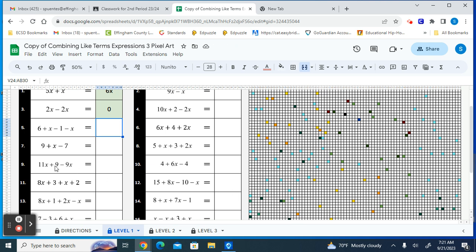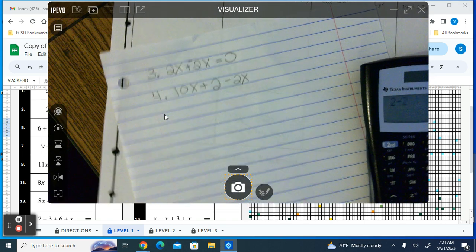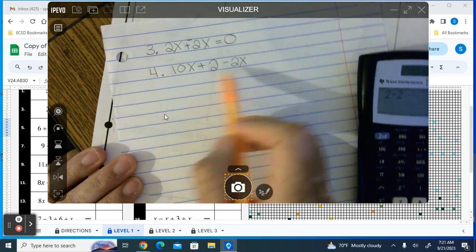Now, if you have things like number 9, which is, actually, let's go to 4. And you're going to put number 4 down. It's going to be 10x plus 2 minus 2x. So this is what I'm looking like. So you label it number 4.